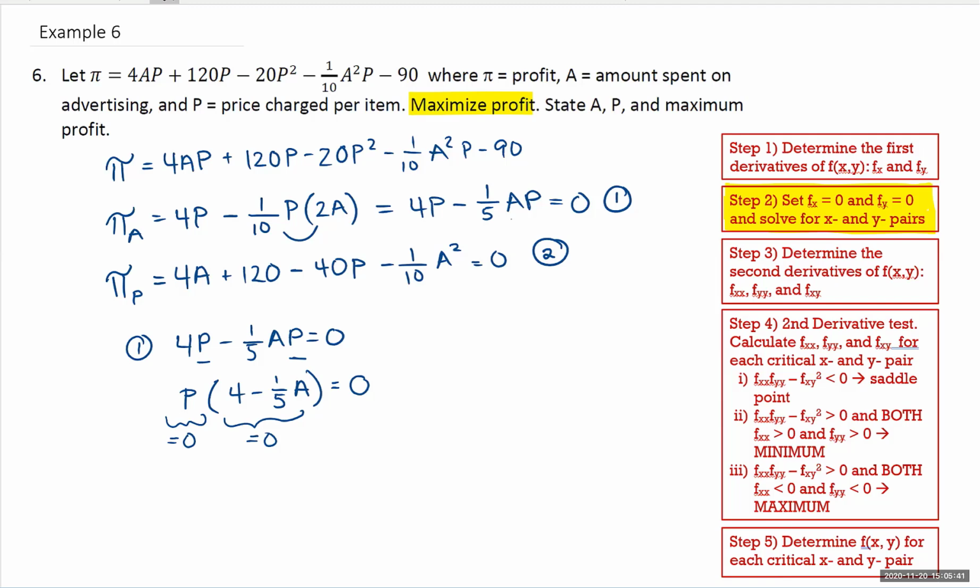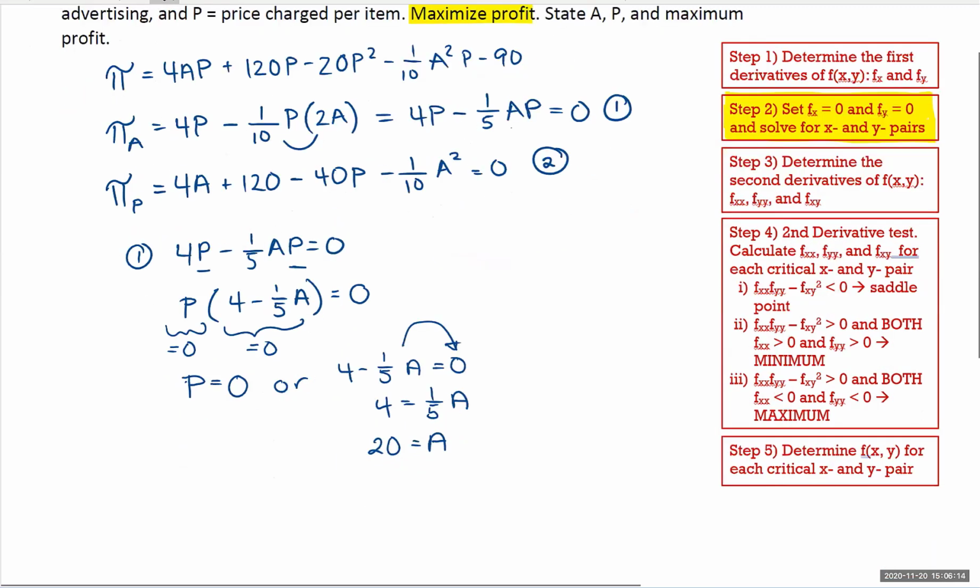But we can solve that this will be equal to 0 when P is equal to 0, or when 4 minus 1/5 A is equal to 0. So moving 1/5 A to the other side, I get 4 is equal to 1/5 A. Multiplying both sides by 5, I get 20 is equal to A.